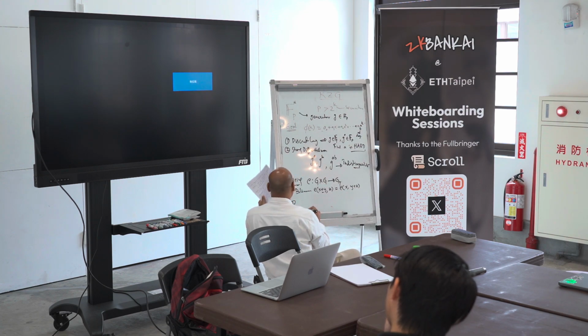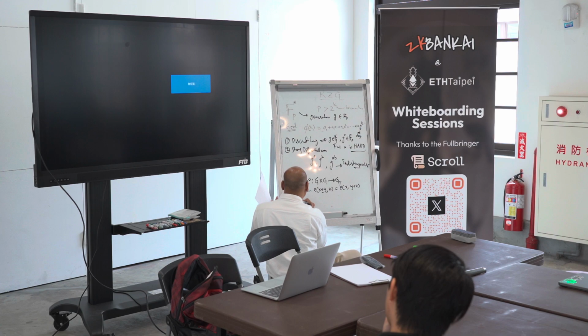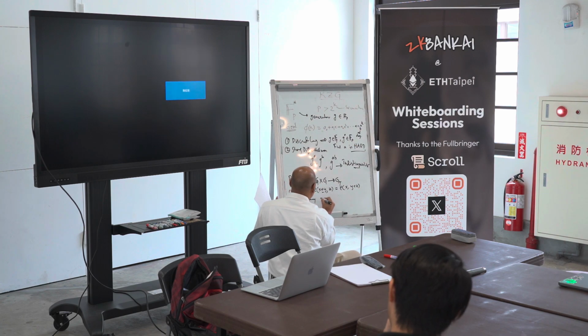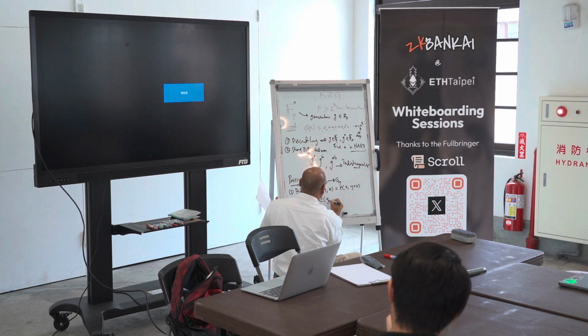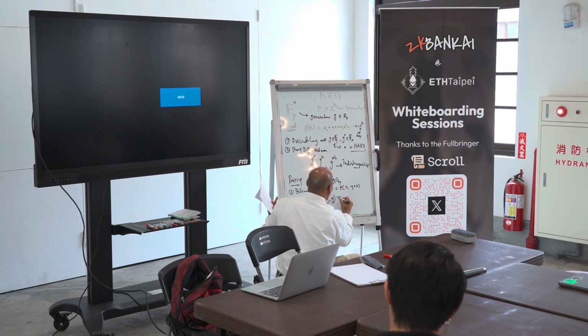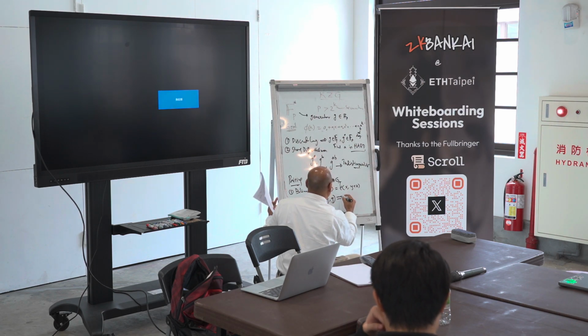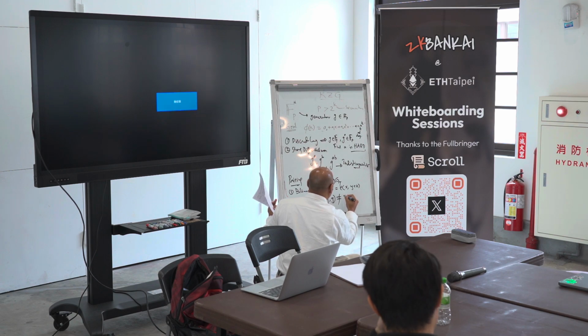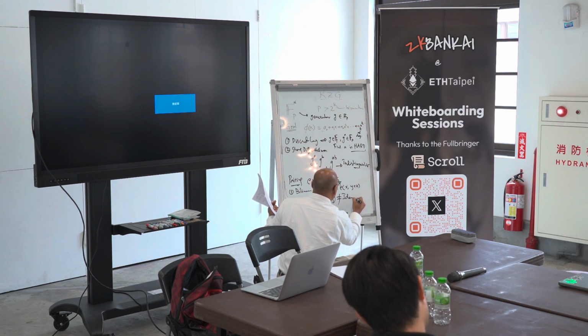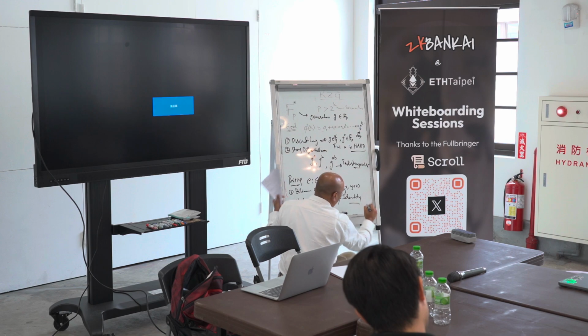And then the second one we need is non-degeneracy, which basically means if we have a generator and we apply pairing on it, then this doesn't equal the identity.